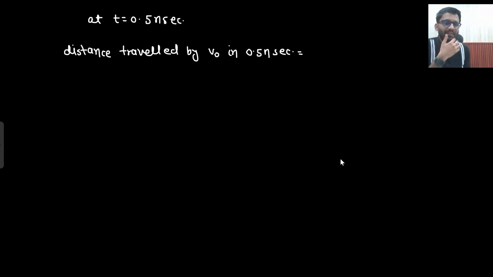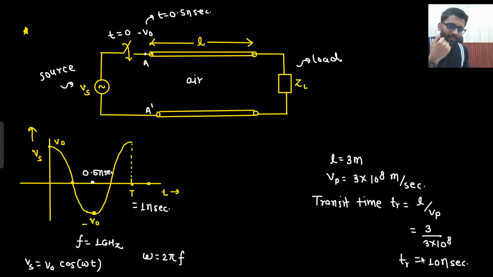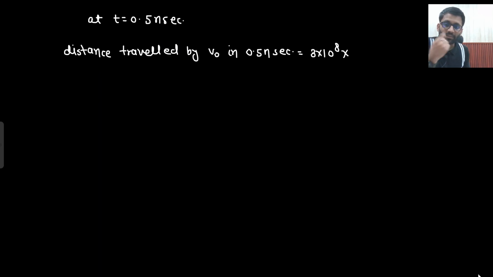Distance is equals to speed into time, right? So what is the speed? Speed is 3 into 10 to the power 8. And what is the time? Time is 0.5 nanosecond.